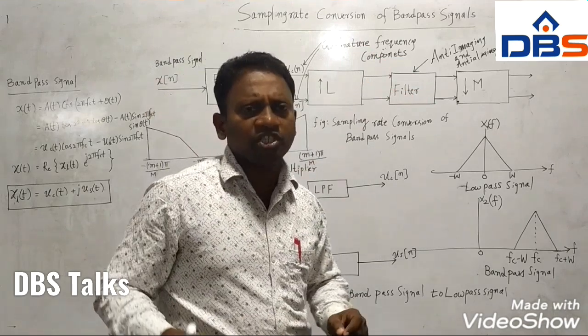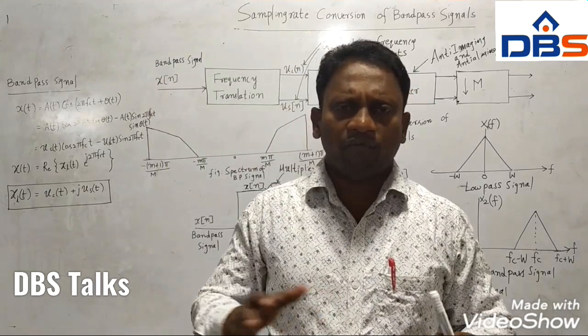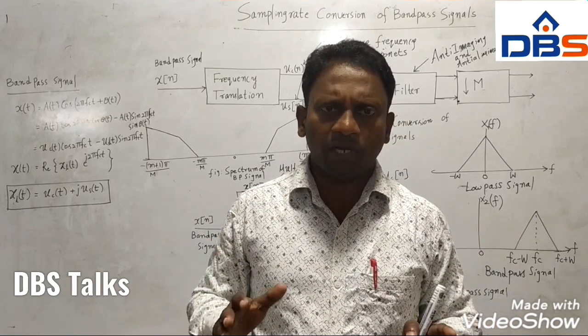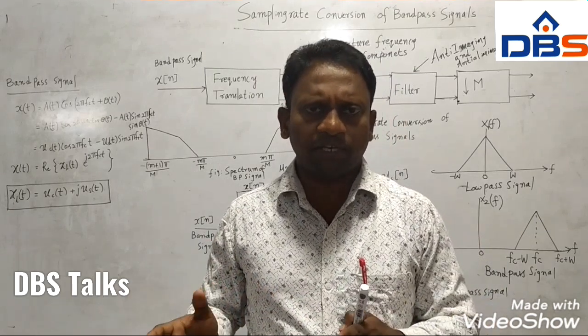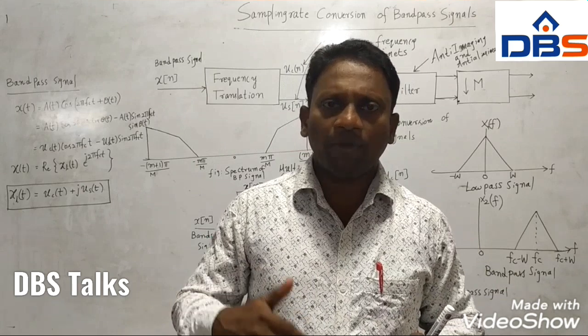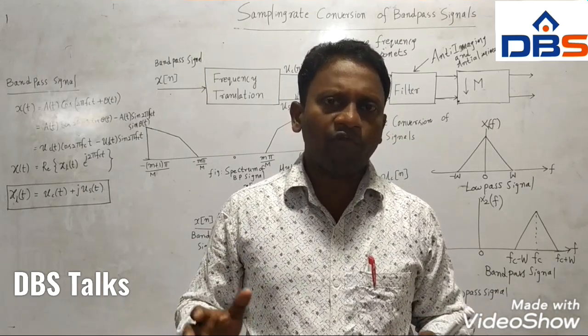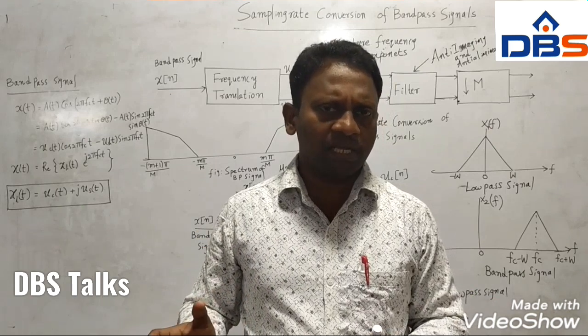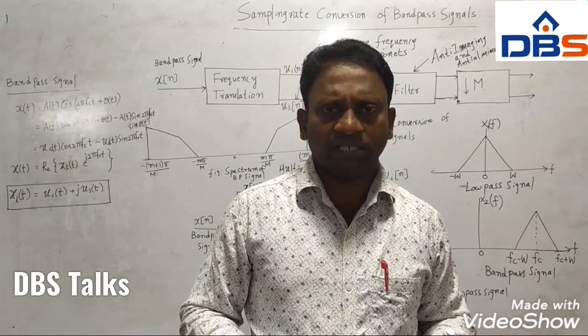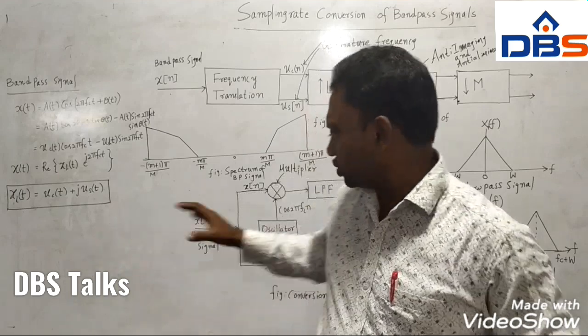Here the idea is very simple. If you want to convert one sampling rate to another sampling rate of a bandpass signal, first we translate that high frequency bandpass signal into a low pass signal using the frequency translator block.